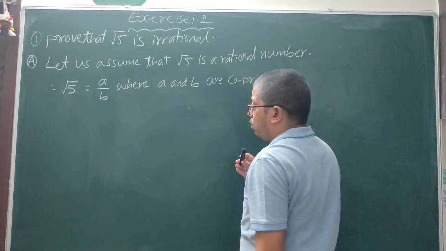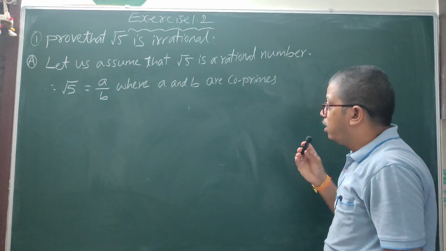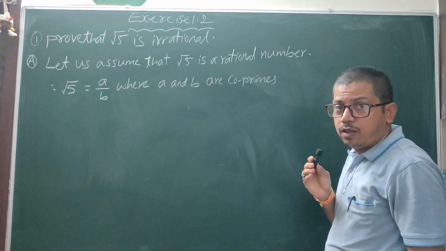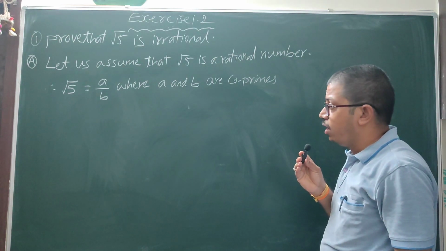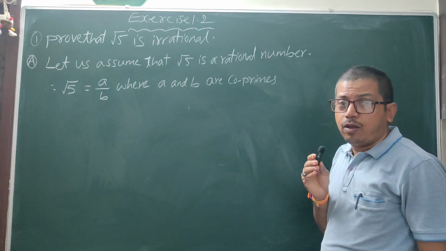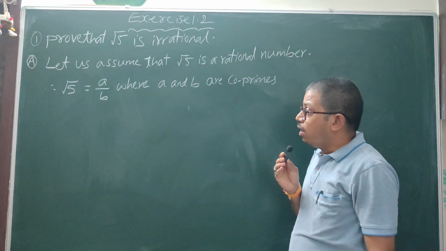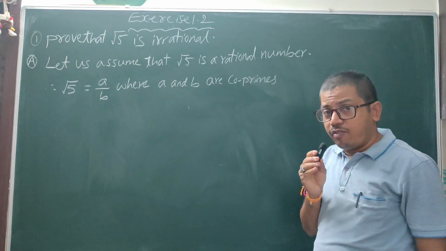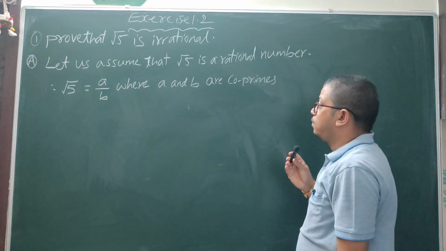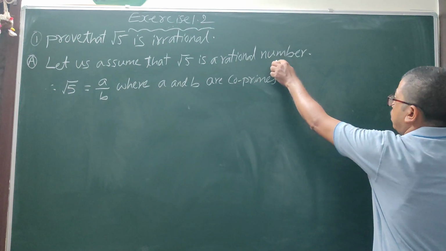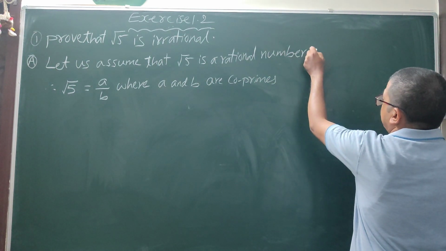So here root 5 equal to a by b, where a and b are co-primes. That means a and b have no other common factor than 1. Of course, I already told you that it is the method of contradiction.